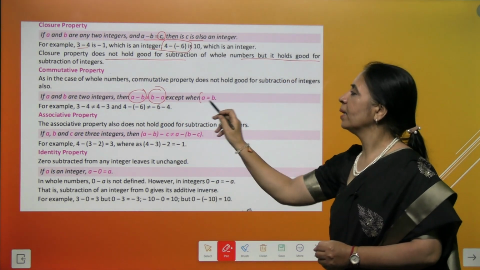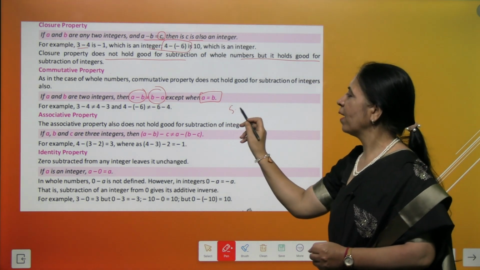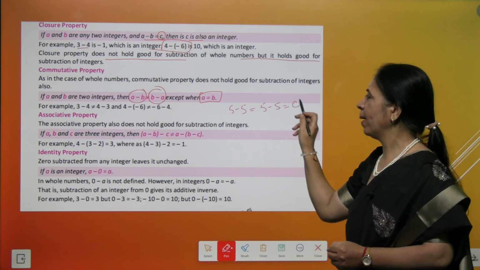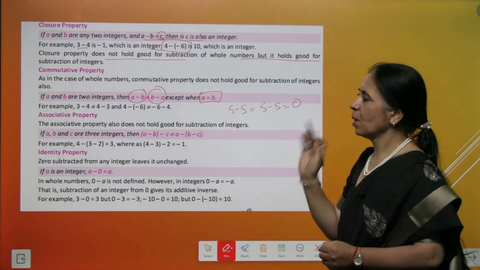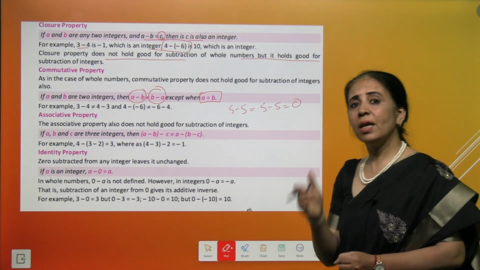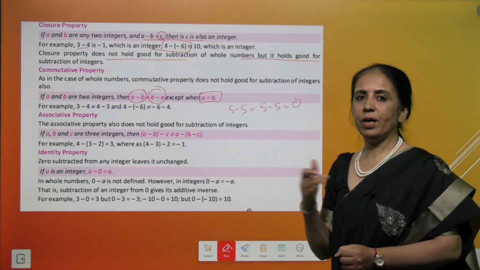But there is one condition. When a and b are equal, suppose 5 minus 5 कर रहे हैं, then obviously it is equal to 5 minus 5 and that comes out 0. Got it?